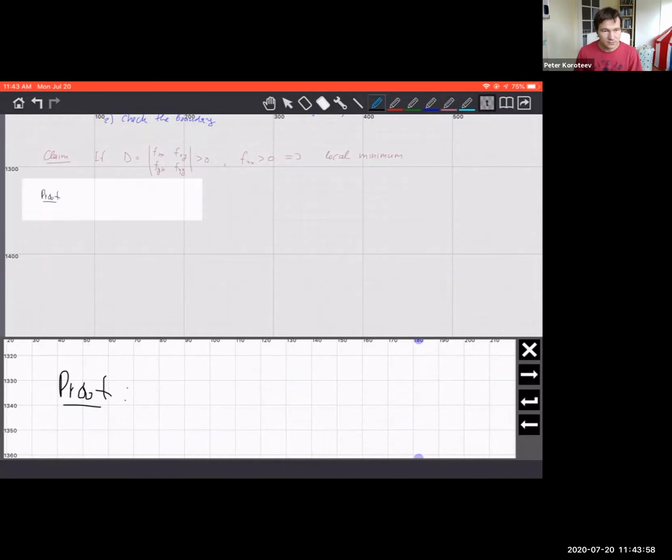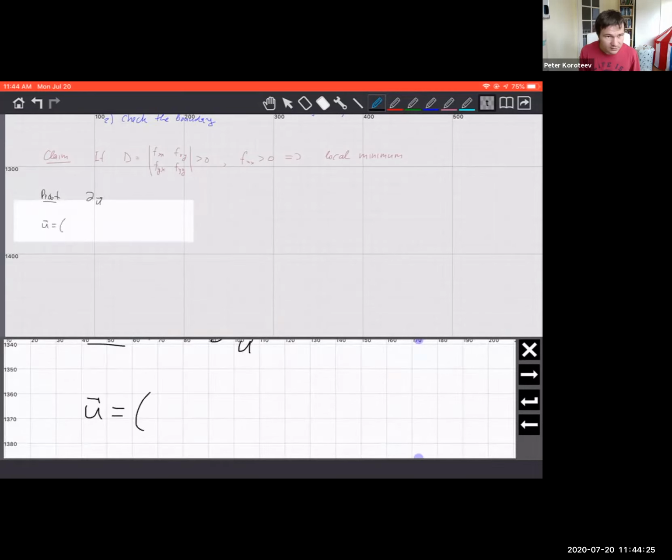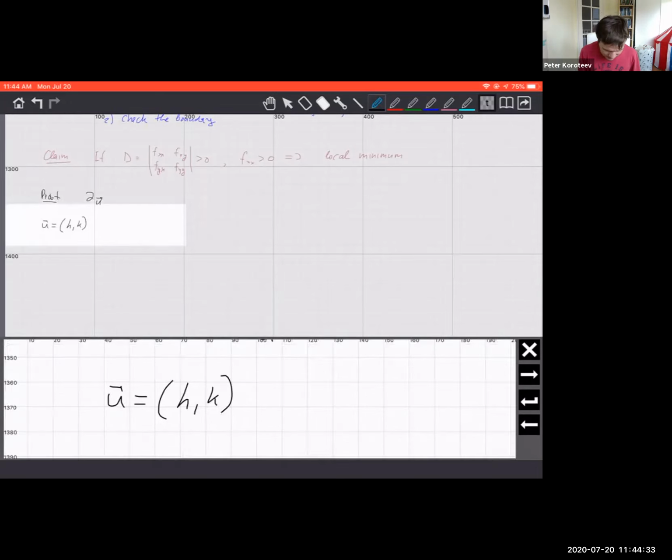Good. So as I said, to prove it, it's a certain maximization problem, a certain optimization problem in linear algebra. So let's recall the directional derivative, right? So the directional derivative with respect to a unit vector u. Say we have a vector u which has components h and k, such that h squared plus k squared is equal to 1.